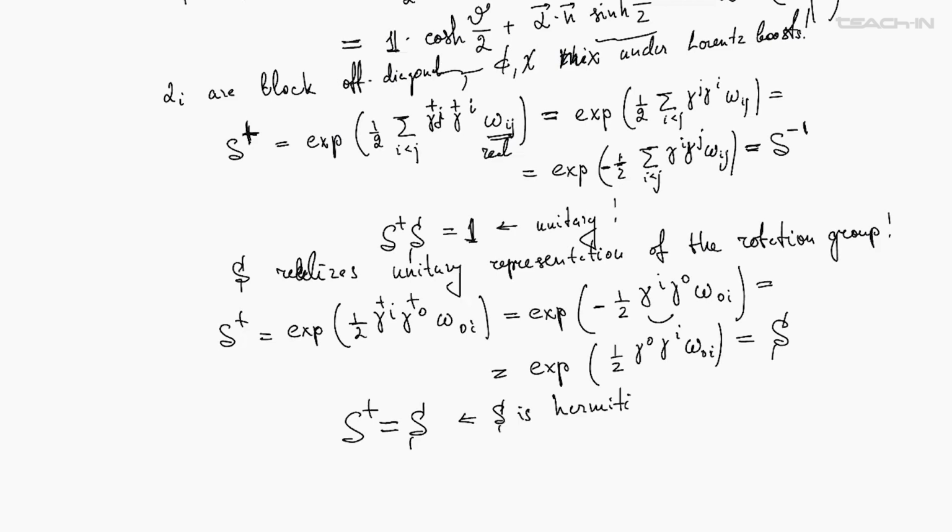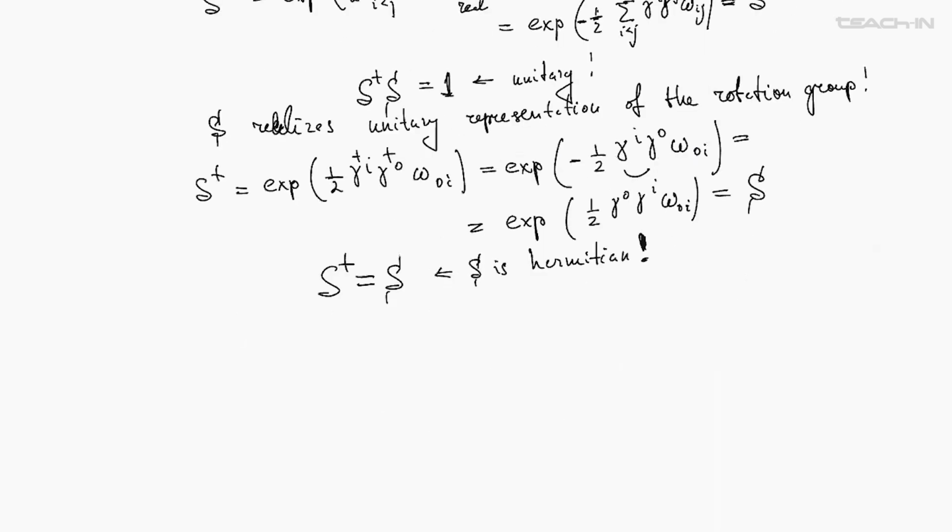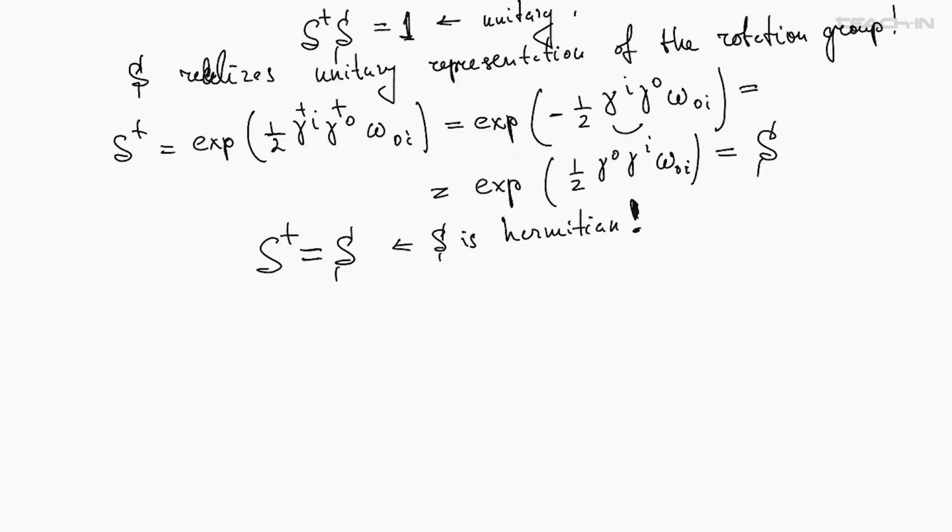In fact, both properties under Hermitian conjugation, I mean the behavior of rotation matrices and the behavior of Lorentz boosts under conjugation, can be combined in one formula, which looks as follows. S dagger is equal to gamma 0, S minus 1, gamma 0.